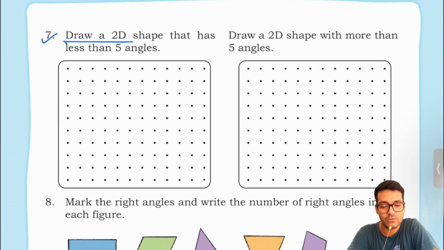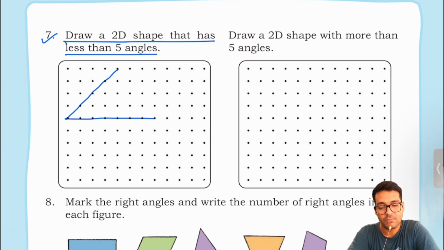Seven. Draw a 2D shape that has less than 5 angles. You can draw triangle, rectangle or a square or any shape having 3 or 4 sides. Draw a 2D shape that has more than 5 angles.